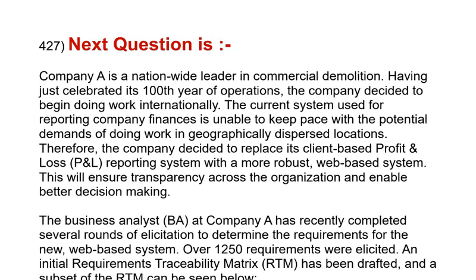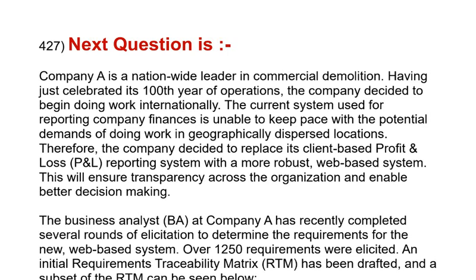Question is, company A is a nationwide leader in commercial demolition. Having just celebrated its 100th year of operations, the company decided to begin doing work internationally. The current system used for reporting company finances is unable to keep pace with the potential demands of doing work in geographically dispersed locations. Therefore, the company decided to replace its client-based profit and loss P&L reporting system with a more robust web-based system.